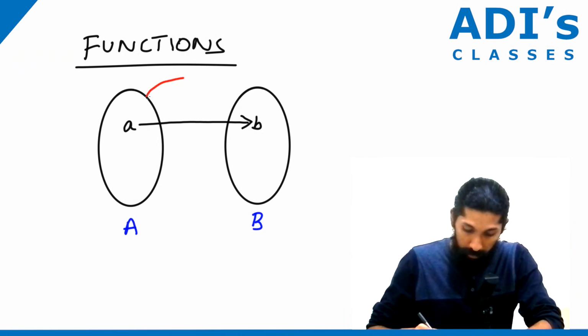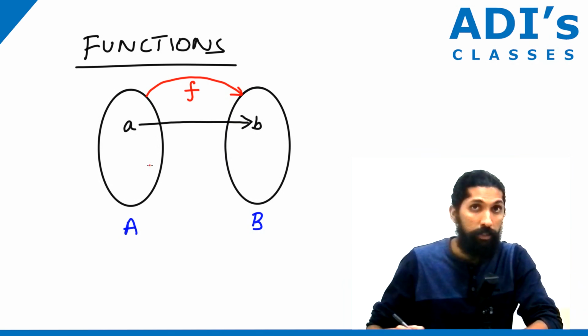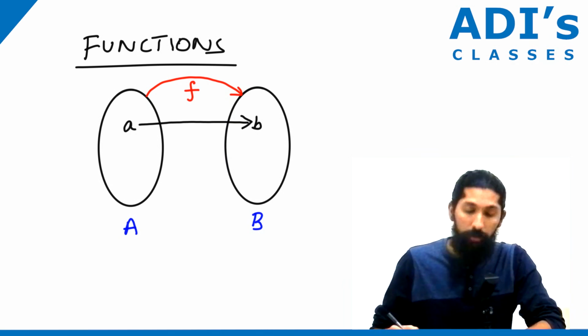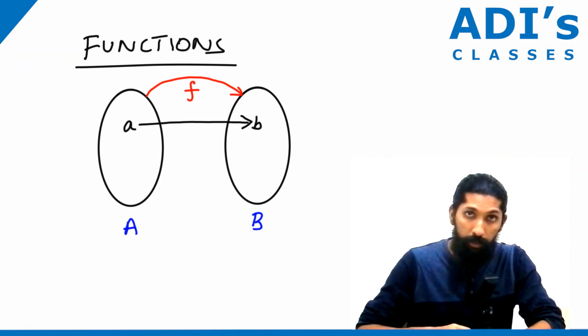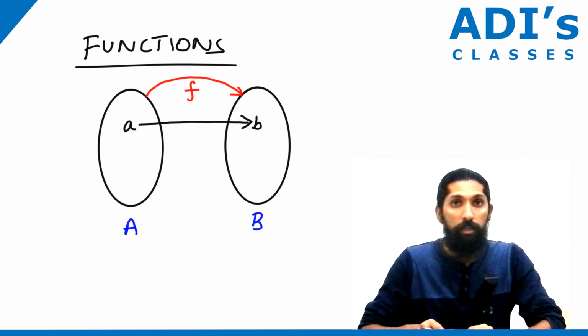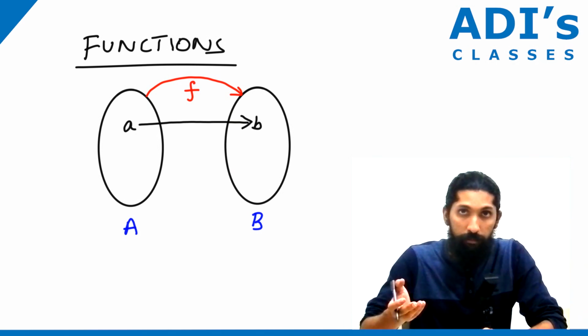So there is a relation like this. We define the relation as a function f. That means f is a function which goes from A to B. In other words, f is the way of defining a relation.